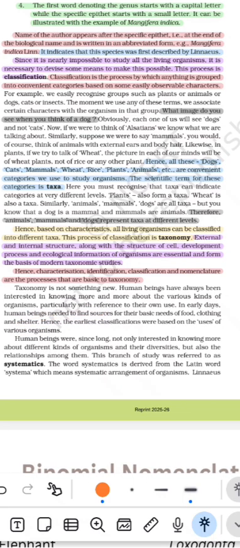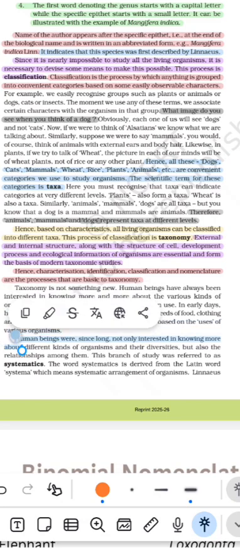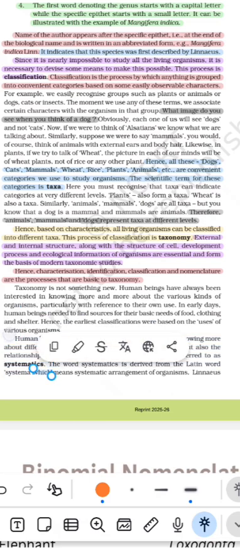Hence, the earliest classifications were based on the use of various organisms. And here we got the word systematics. So please underline what is systematics. It is an important question for all of us.